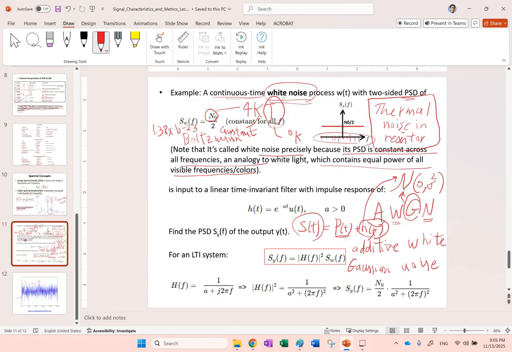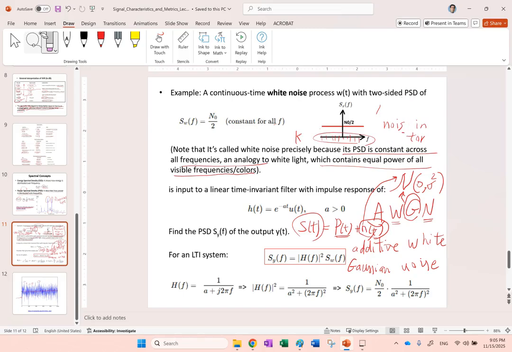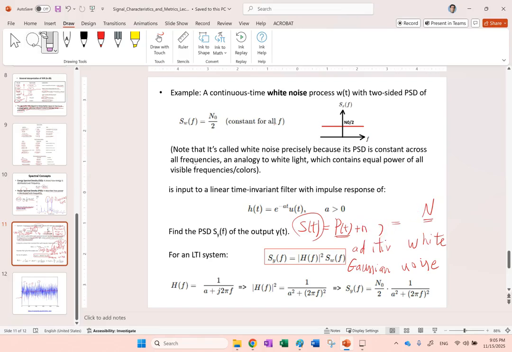Okay, now that we know a little bit about white noise, let's go back and explain the example. So the example says this: you have a system, and the system is a linear time invariant LTI system. If you don't know what an LTI system is, please watch the video that I have on my channel under the playlist controls.